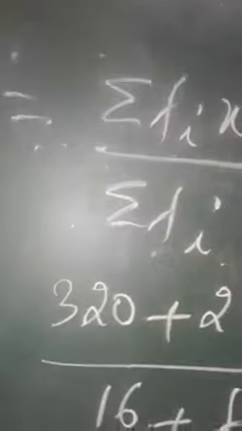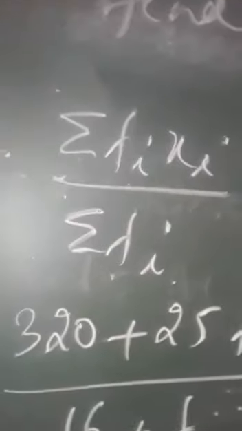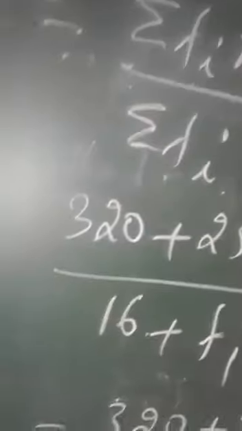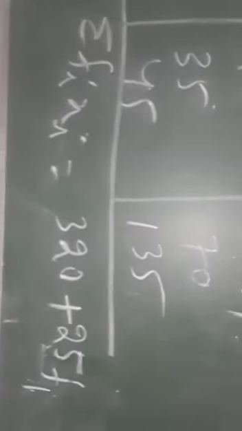Now we are aware of the formula. We know the formula to find the mean is summation Fi Xi divided by summation Fi. As we have obtained the value of summation Fi Xi, which is equal to 320 plus 25 F1, that value will be substituted in this formula.